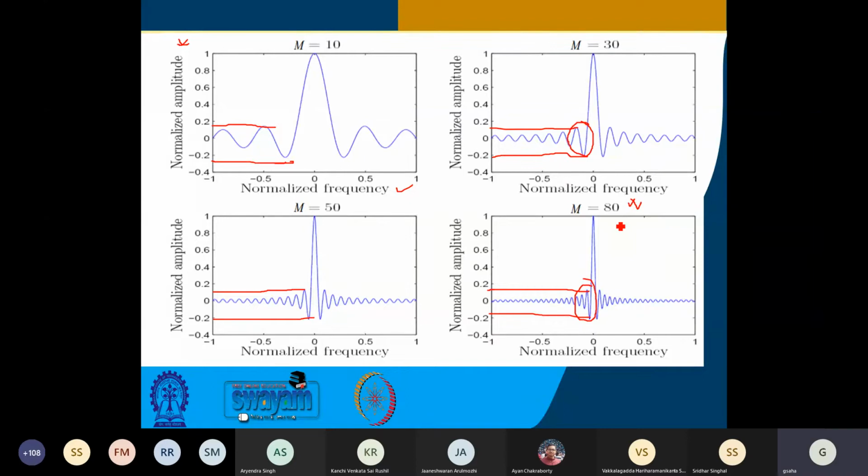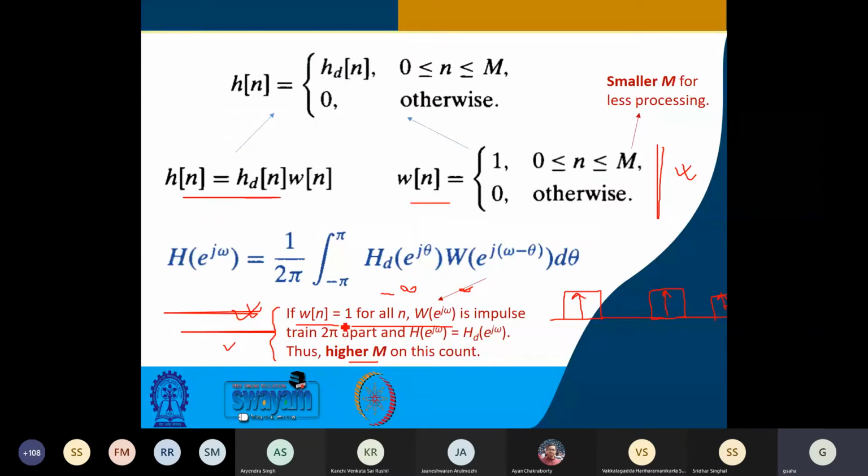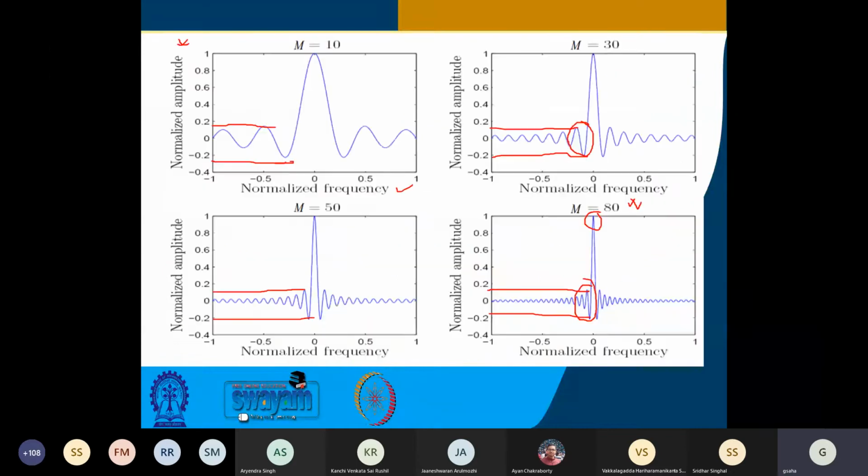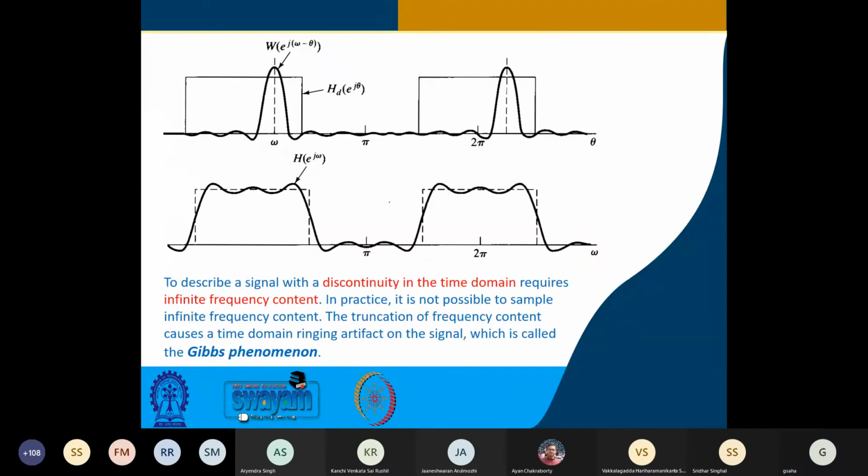While the increase of M will make it sharper, more like the ideal filter, more and more of a brick wall kind of thing, the ideal low pass filter that we wanted to design, this nemesis, this undesirable thing, would continue to be associated with the designed filter.